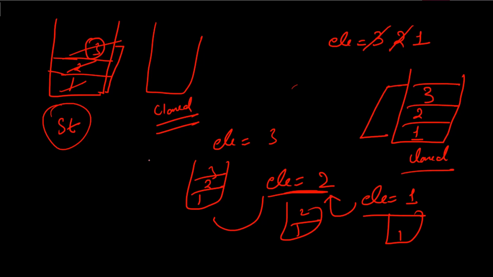In this particular approach we haven't used any extra space. Even though the recursive calls we have made do occupy some space, we haven't used any other extra space for solving this problem. So this was a recursive approach for solving this particular problem.